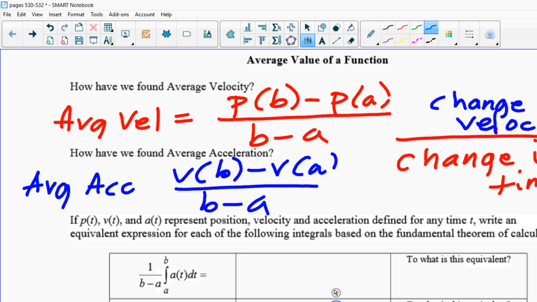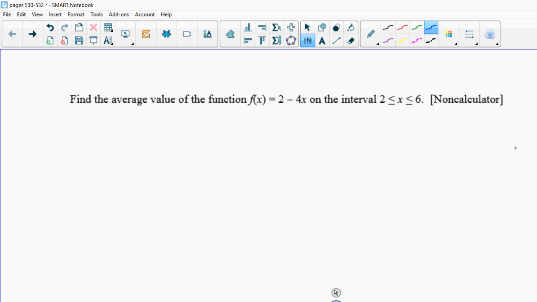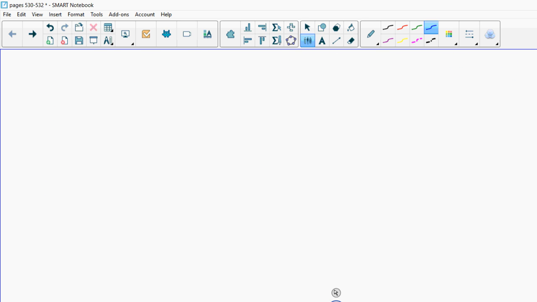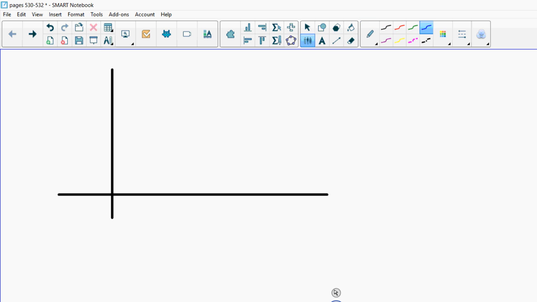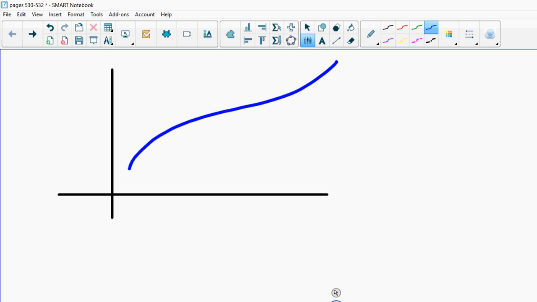Now, this piece is the other piece that I've got to just flat out teach you. If you want to write this down, fine. If you don't, it's not a big deal. You can just really focus and pay attention to what I'm doing. I'm going to draw a little graph, and that's f of x.